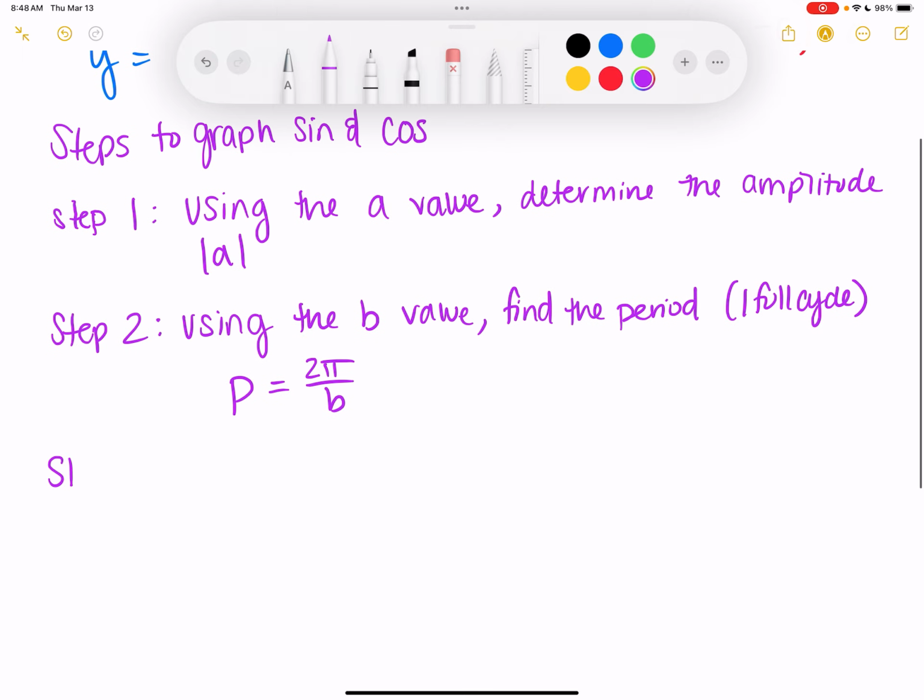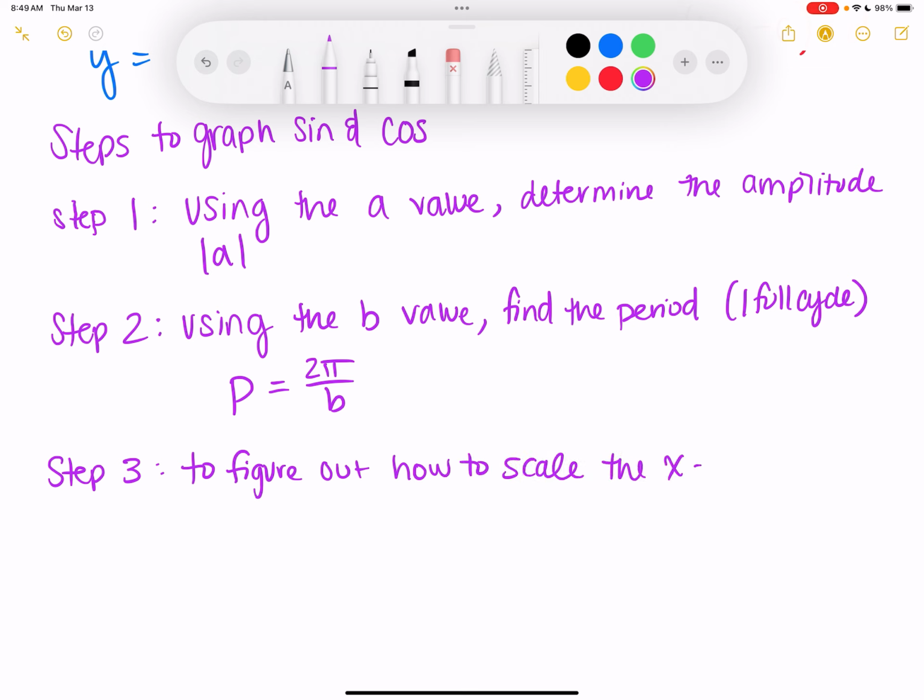Step 3, to figure out how to scale the x-axis, divide the period by 4. Wow, I can't spell.